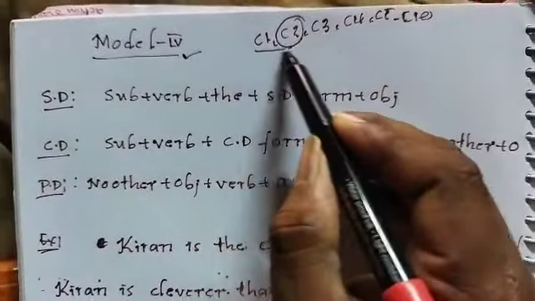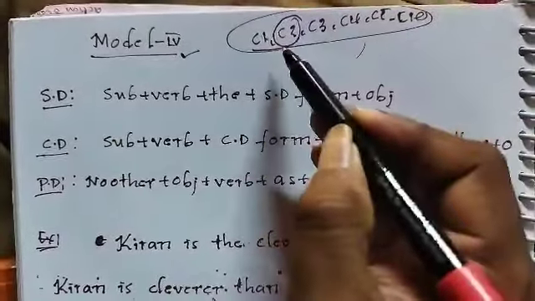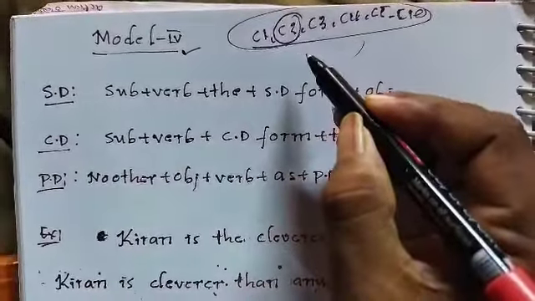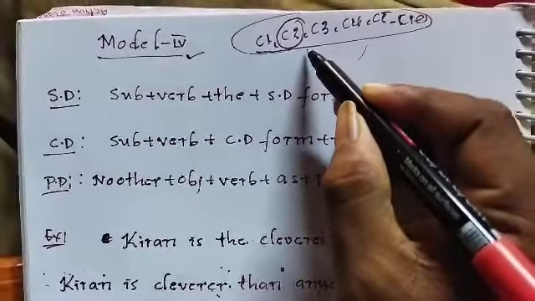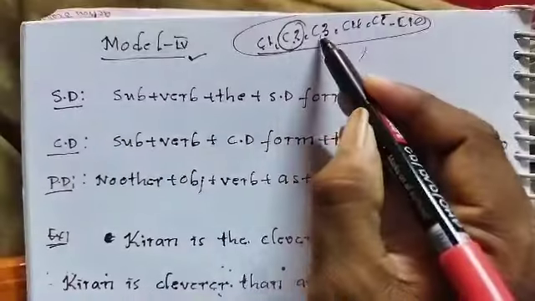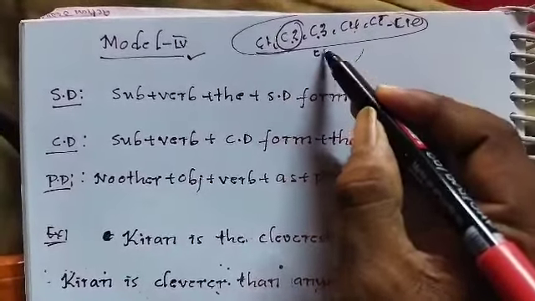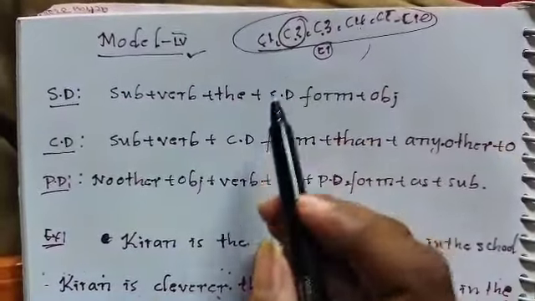In that many clevers are there, but out of these clevers we are saying about only one person who is the cleverest. Among them, clever 1, clever 2, clever 3, only one is the cleverest. Okay, we are saying about one person.